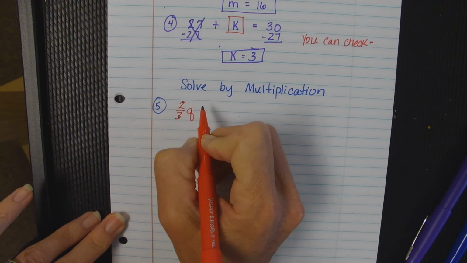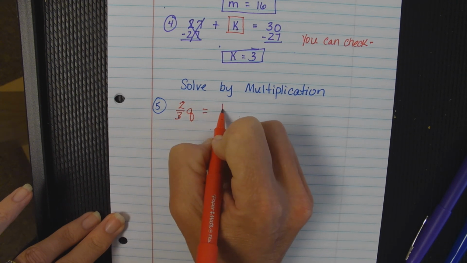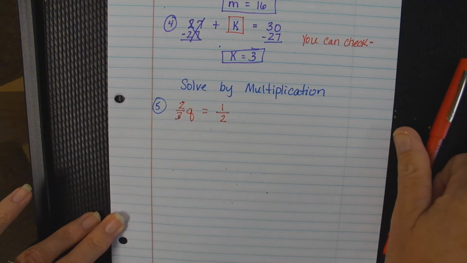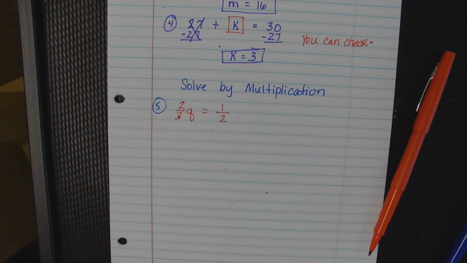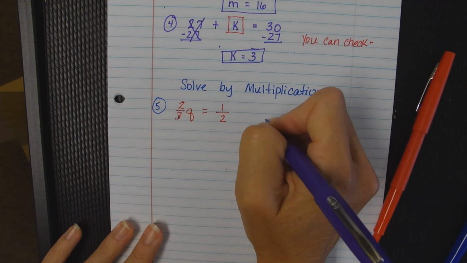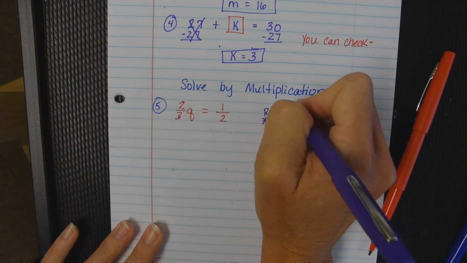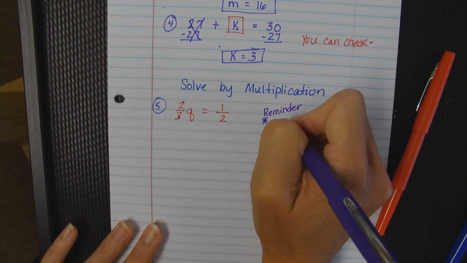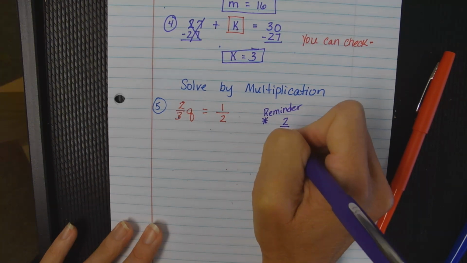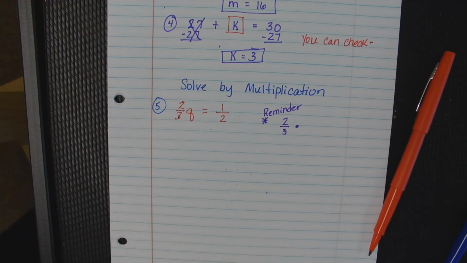Let's look at 2/3 Q equals 1/2. I'm going to write a reminder. This is one of the properties. 2/3 times... does anybody remember what reciprocal is?